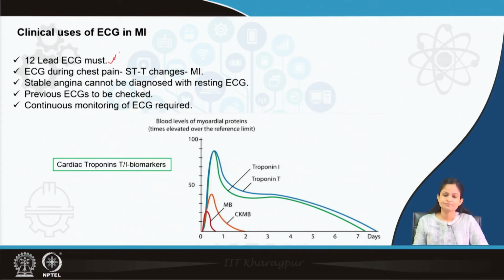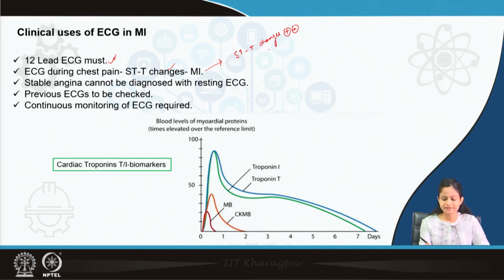That is very important for myocardial infarction, because it is a very dynamic process. During chest pain, you tend to see the ST changes in MI. During chest pain means the person is presenting in the acute stage, that we call acute myocardial infarction. So, in acute myocardial infarction, usually ST and T changes will be present.